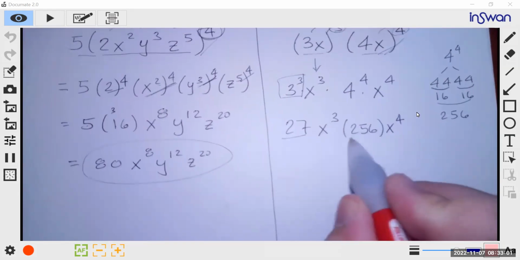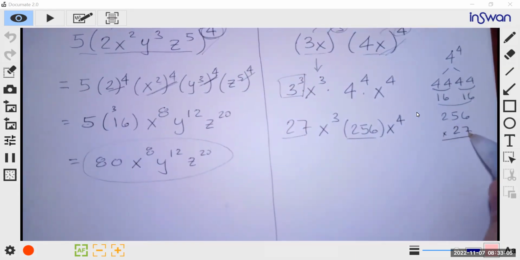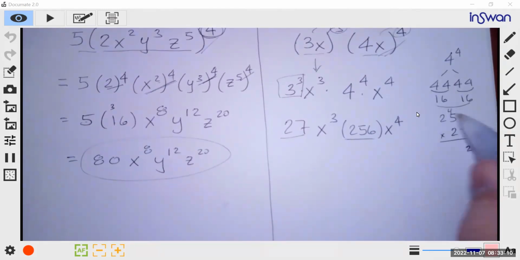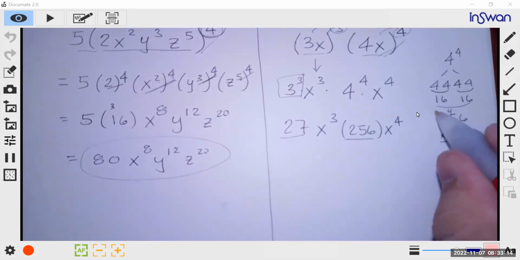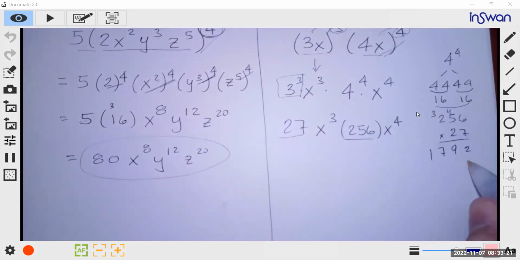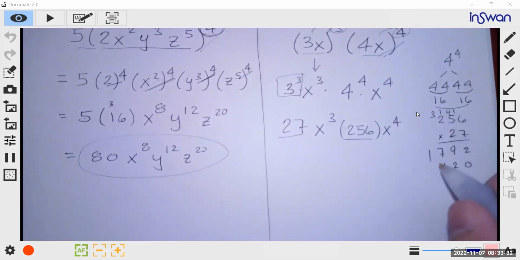We have 27 times 256. 7 times 6 is 42. 7 times 5 is 35, plus 4 is 39. 7 times 2 is 14, plus 3 is 17. 0. 2 times 6 is 12, carry the 1. 2 times 5 is 10, plus 1 is 11. 2 times 2 is 4, plus 1 is 5.